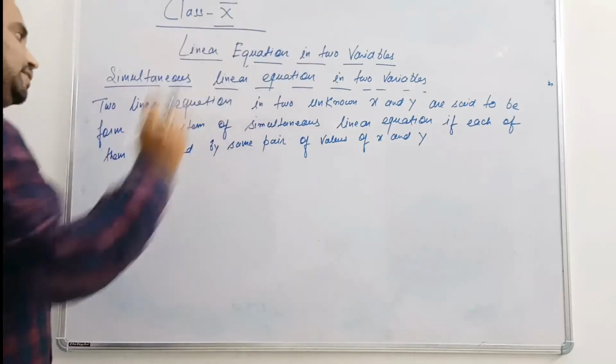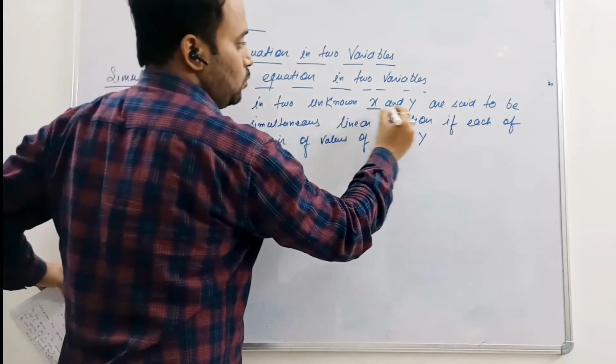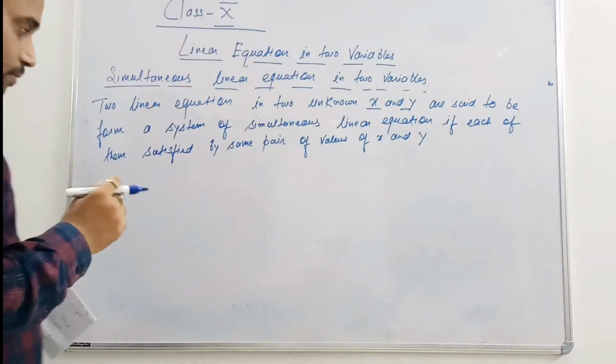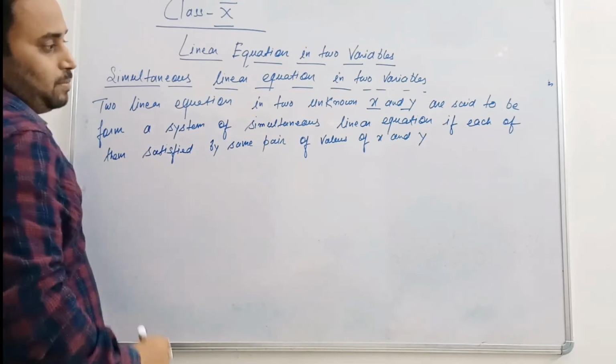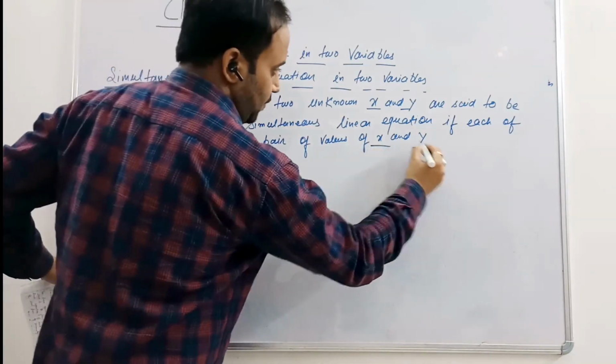What is a simultaneous equation? We have two linear equations with two unknowns x and y, said to be simultaneous if each of them satisfies the same pair of values of x and y.